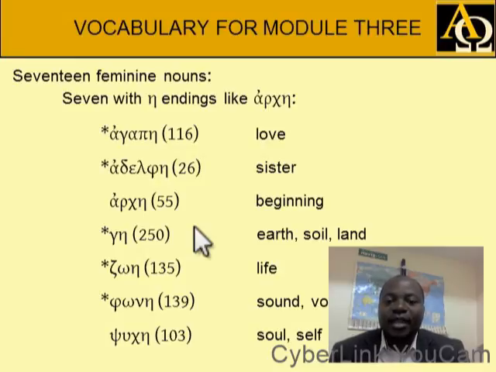Let's look at our vocabulary for this lesson. Agape. We're going to look at words that decline like arche soon, but for now let's just go through the vocabulary.